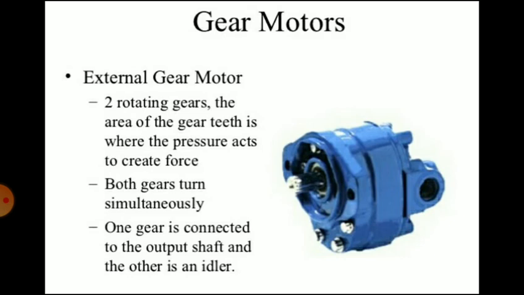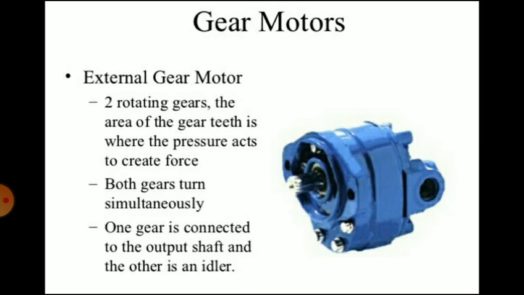First is gear type motors. A gear type motor works on a principle reverse to that of a gear pump. Pressurized fluid enters from the bottom and pressurizes the chamber.